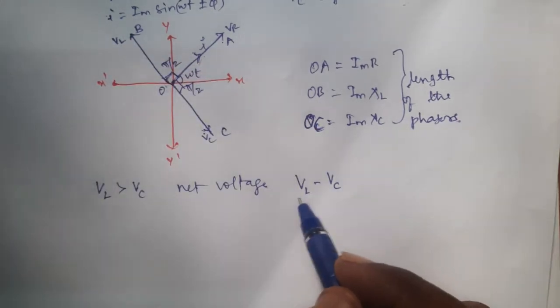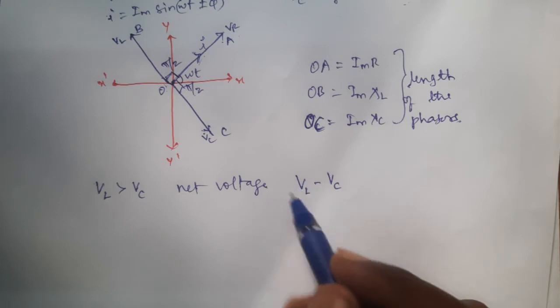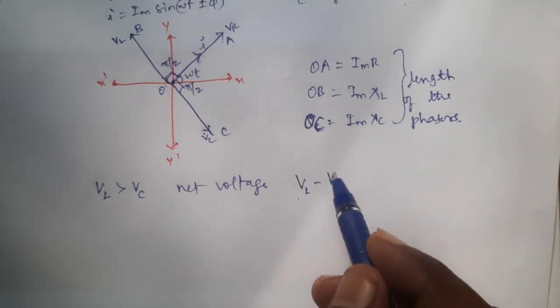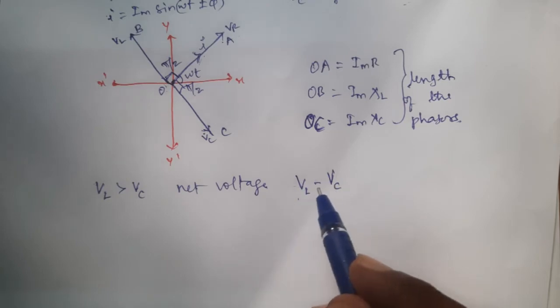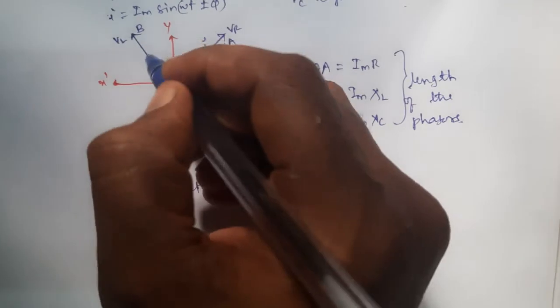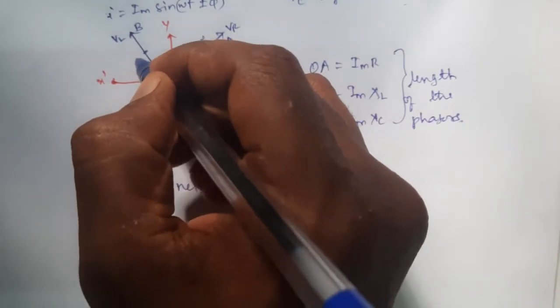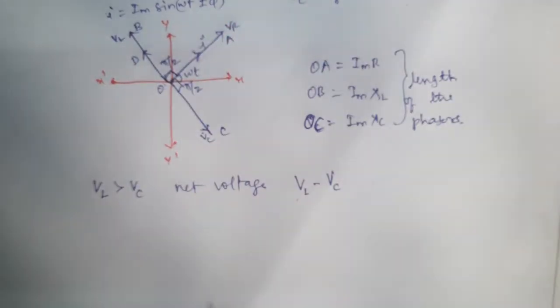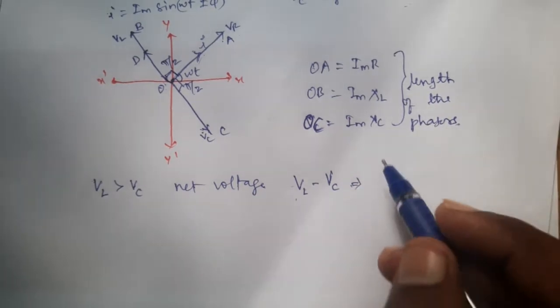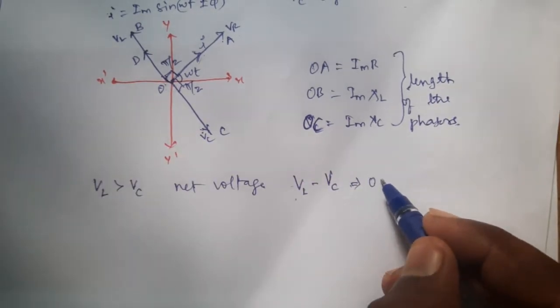So VL is greater and VC is smaller, and this is an inductive predominant circuit. If VL is positive and VC is negative, that represents an inductive predominant circuit. If we take the resultant of VL and VC, it will be here. Take this point as D. So this VL minus VC length in the phasor diagram is OD.